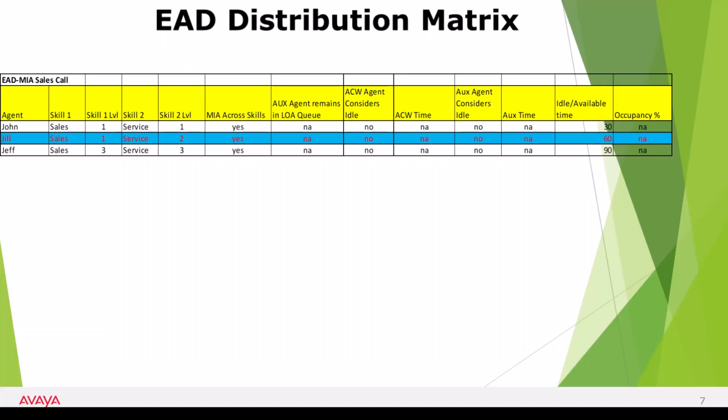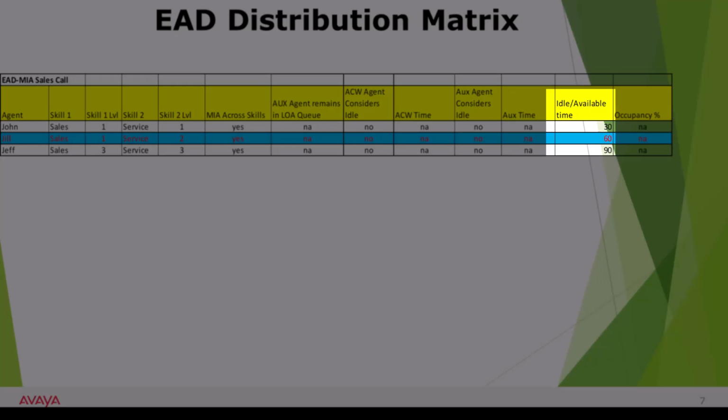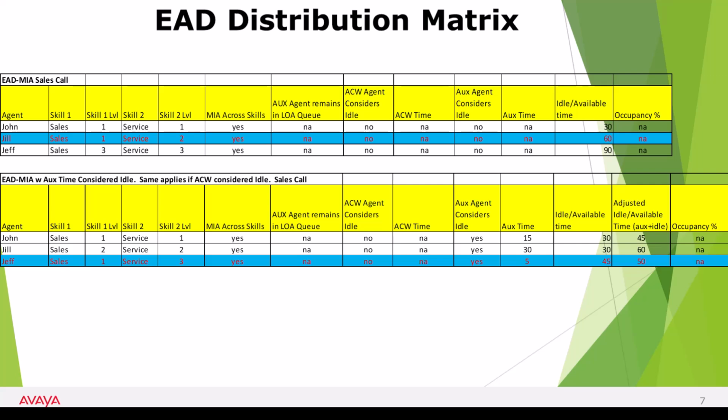If I look at the idle time, it's 30, 60, 90. But because John and Jill are level 1 for that skill, it's going to evaluate those two first. So 30 and 60. In this case, Jill gets it. Same kind of deal. In this case, we're going to use ox time considered idle. Nothing changed from how I explained that previously.